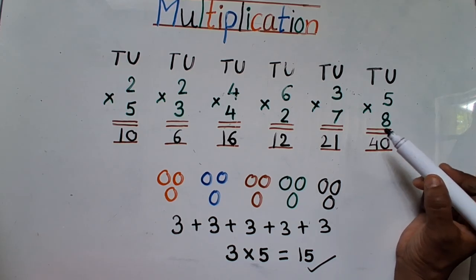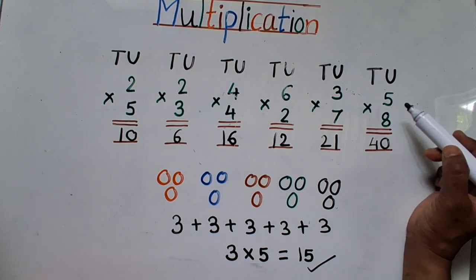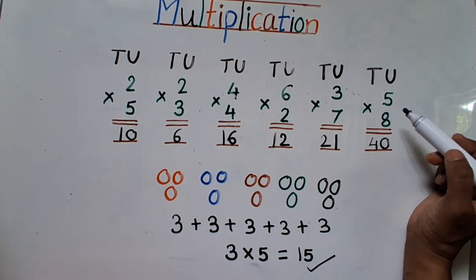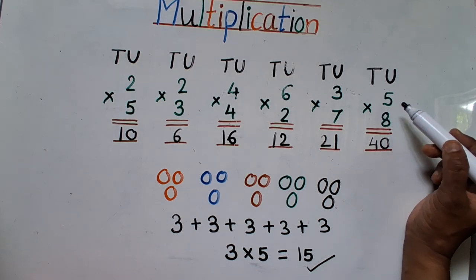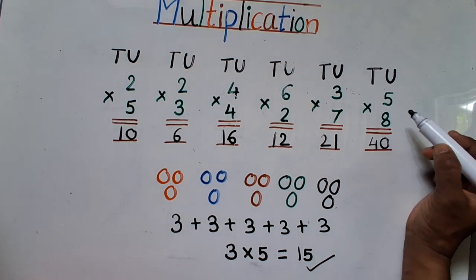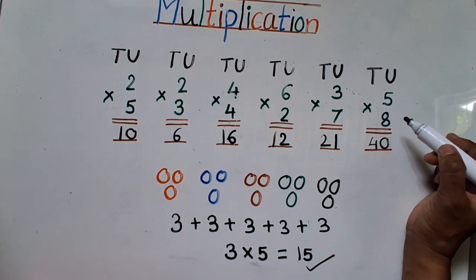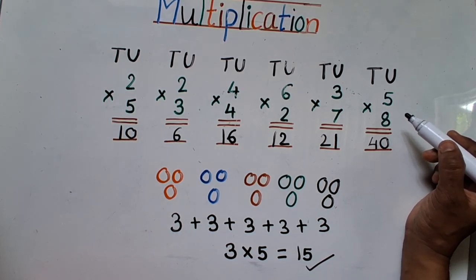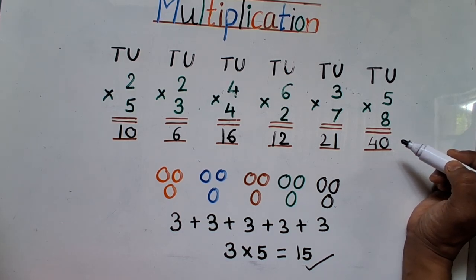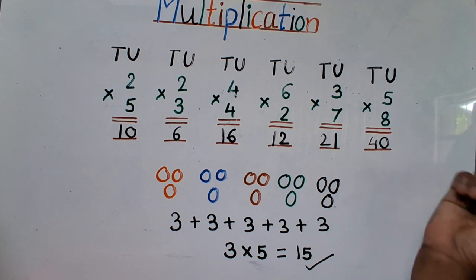Now I am going to show you if I recite the table of 5, the answer is the same. See, 5 ones are 5, 5 twos are 10, 5 threes are 15, 5 fours are 20, 5 fives are 25, 5 sixes are 30, 5 sevens are 35, and 5 eights are 40. Okay? Now let's try some more examples.